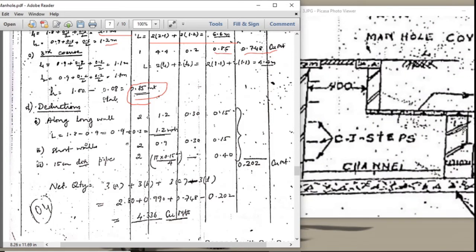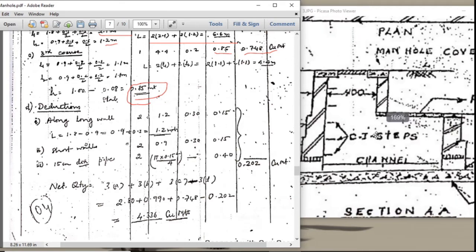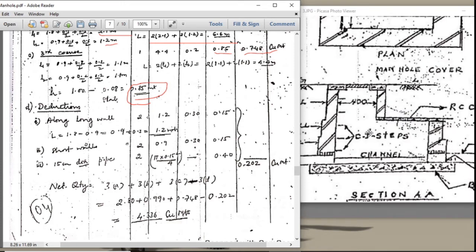Same 0.3 by 2, so the wall thickness is 0.3, and bearing is 0.15. So for the long wall, 1.8 minus 0.9, we will get 0.9. 0.9 plus 0.3, 1.2 meters.